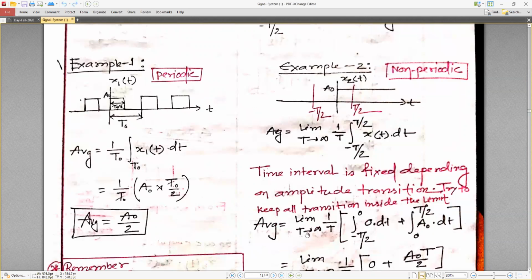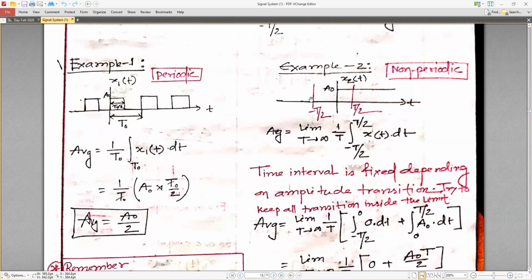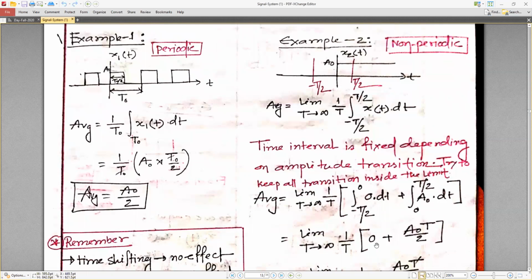Okay, average time. So average limit t tends to infinity 1 by t, minus t by 2 to 0, this one, and 0 to this one. So here value is 0, right? Here value is 0, here is a naught, here is a naught. So that would be 0.